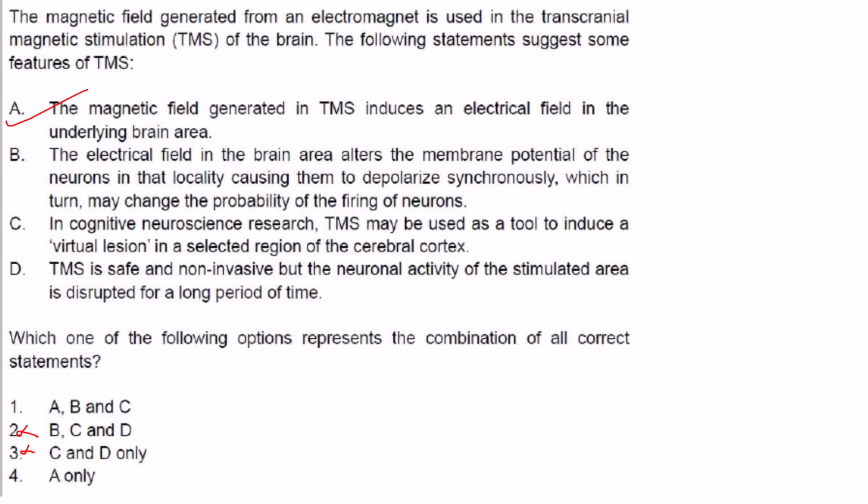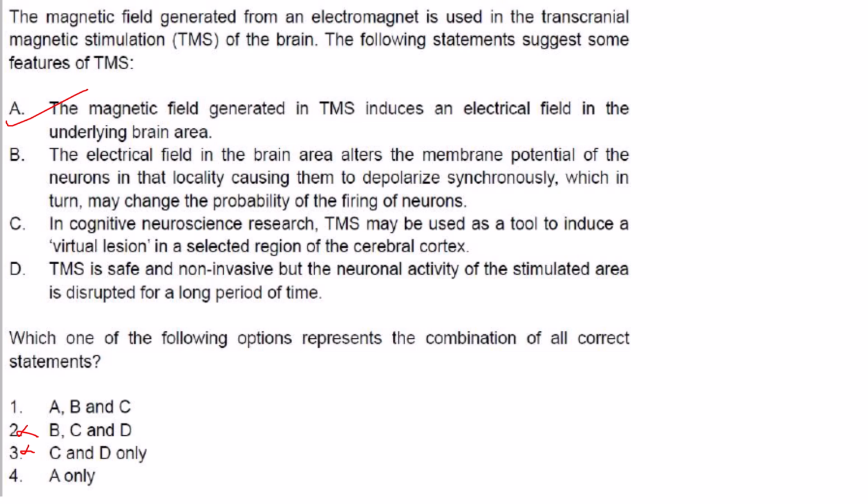Now what is this probability of firing neurons? That means it can either increase the probability of action potential and make the neuron more likely to fire, or it can decrease the probability of action potential and make the neuron less likely to fire.